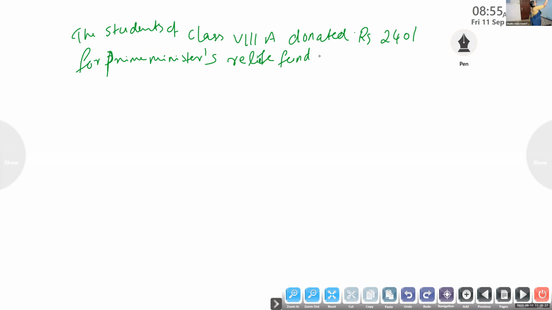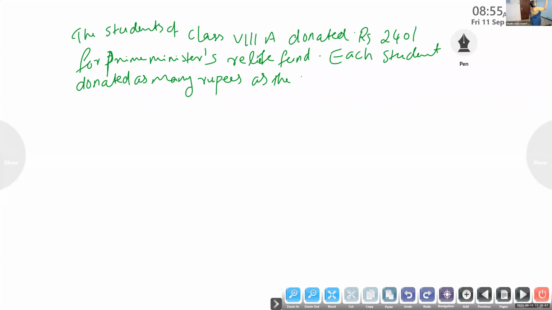Each student donated as many rupees as the number of students.